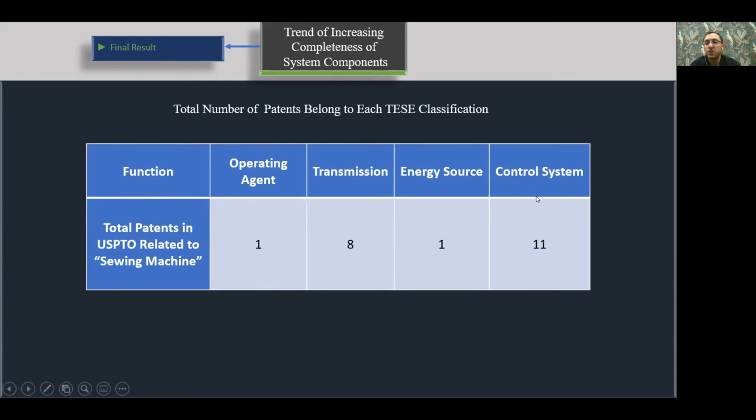This table shows how much effort of the inventors is on the control system, but there is an innovation gap in the energy source and operating system, which inventors have to pay more attention to in order to improve the sewing machine.